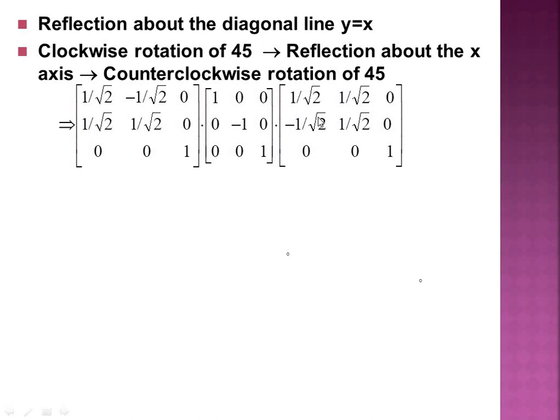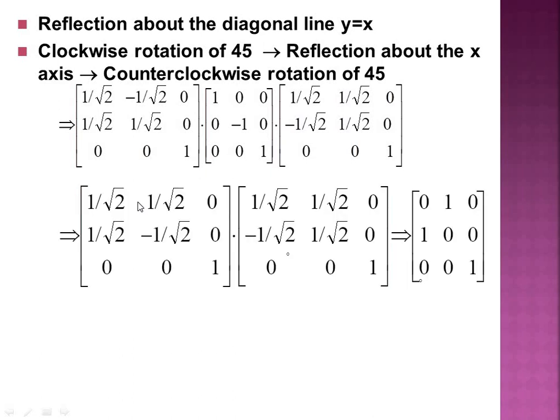All the matrices are arranged from right to left in the sequence. This is the first transformation that we have to apply, then the second one, and then the third one. All the matrices are kept from right to left in sequence because matrix multiplication is not commutative. If you want to learn in detail how composite transformations are performed, you can watch my previous video lectures about composite transformations.